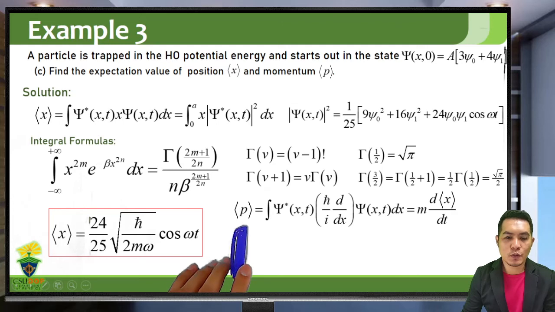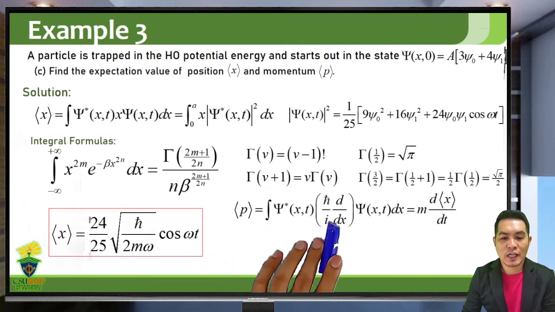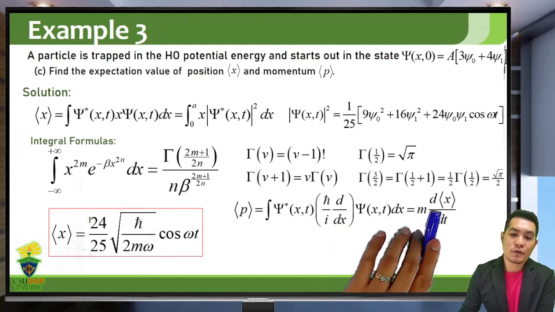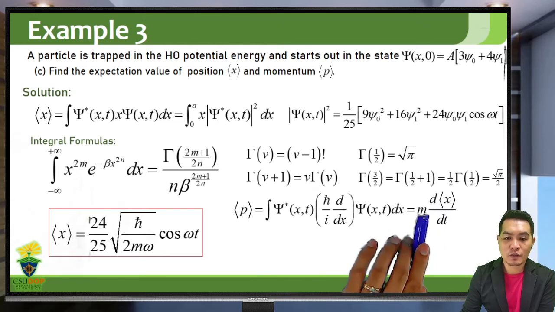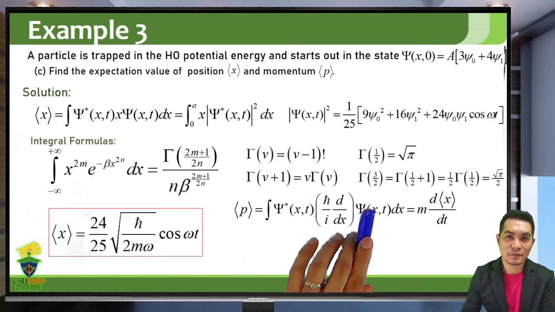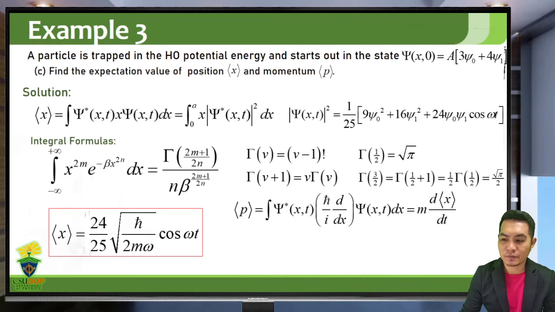So again, if you find the average momentum, you sandwich the operator form of the momentum, or if your expectation value of x depends on time, you can just get its derivative and multiply by m, which is what we will do. But you can also use this formula. You will still get the same result.